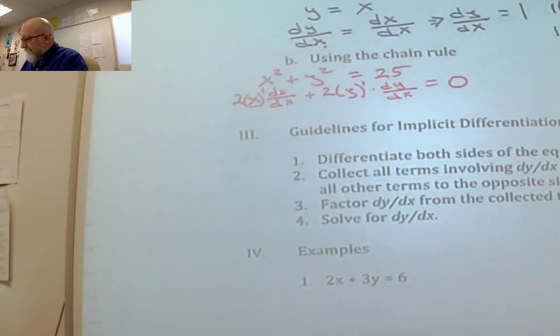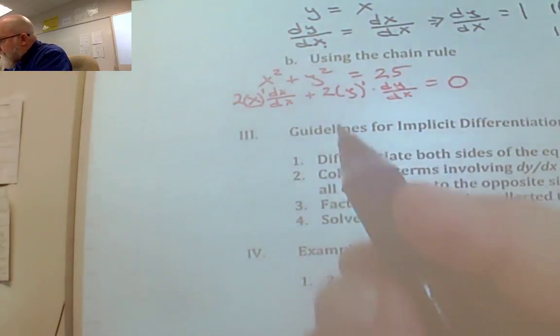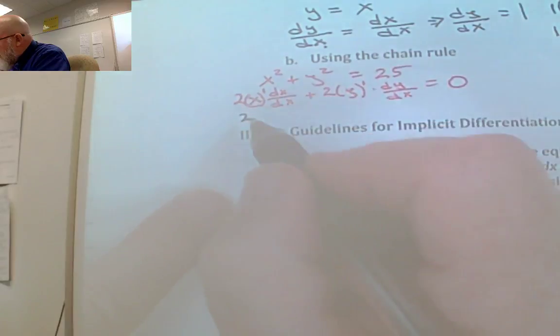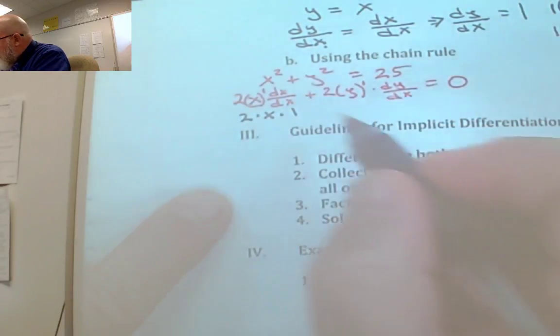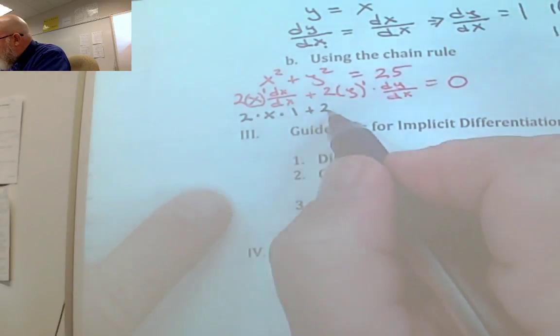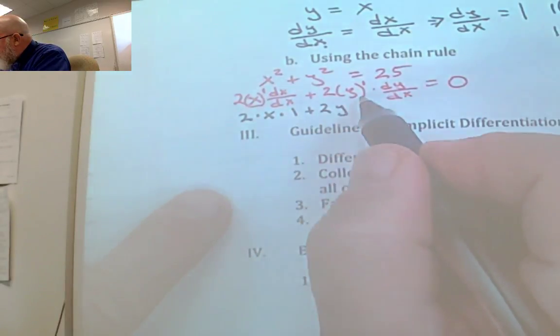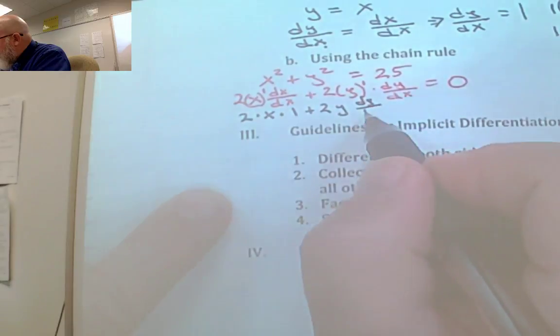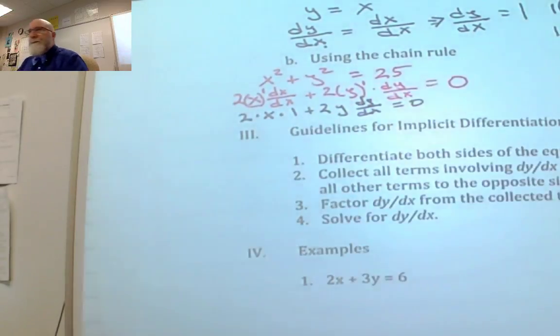So this is going to be a 2, this is going to be an x, this is going to be a 1, this is going to be a 2, this is going to be a y, this is going to be dy dx, this is 0.